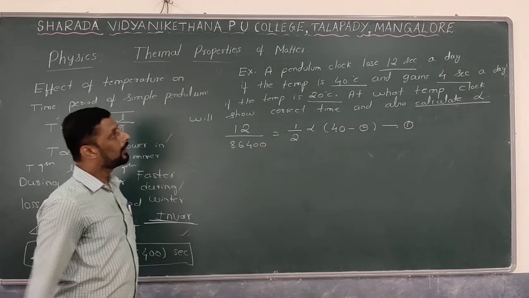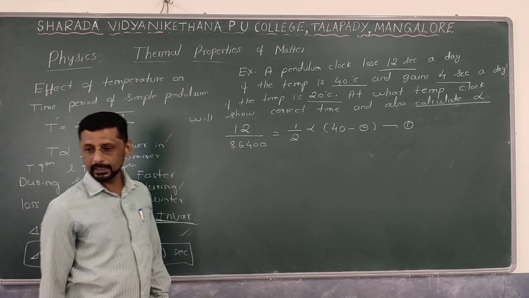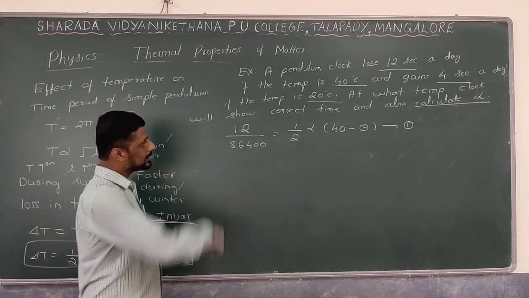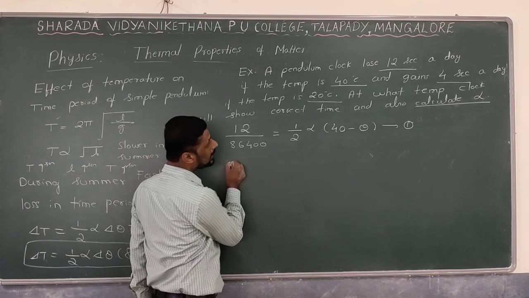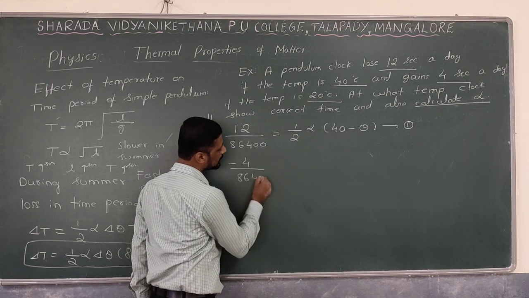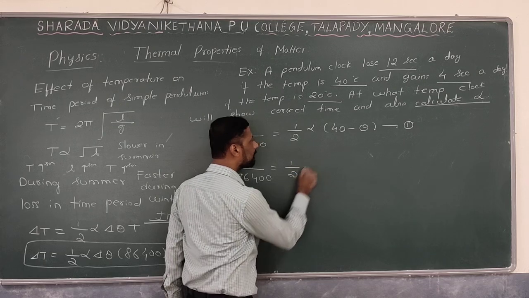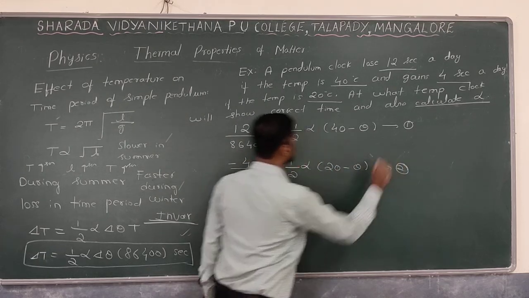Next, when the temperature is decreased to 20 degrees Celsius, what will happen? It gains 4 seconds. That is minus 4 divided by 86,400 is equal to half into alpha into 20 minus theta. Equation 2.